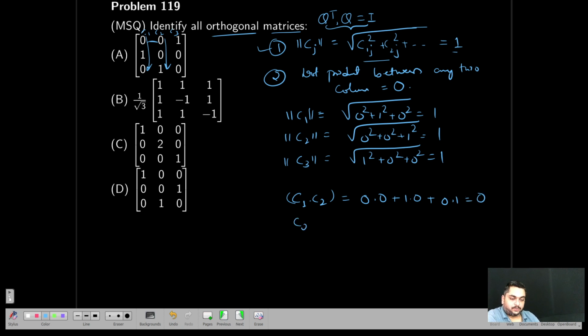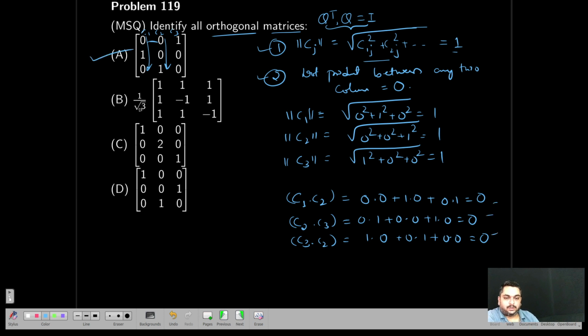Then C2 and C3: 0 into 1 plus 0 into 0 plus 1 into 0 is 0. The last pair is C3 and C1: 1 into 0 plus 0 into 1 plus 0 into 0. So we satisfy the second condition also. All dot products are 0. Therefore this matrix is orthogonal.